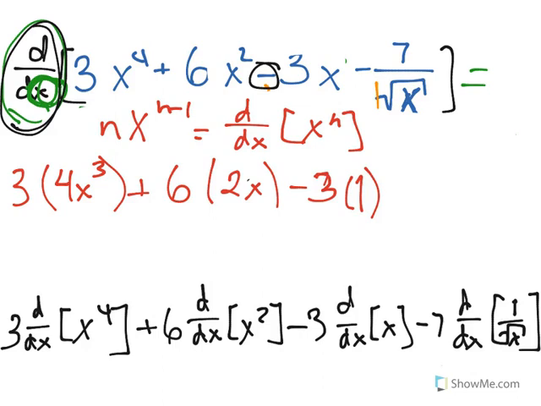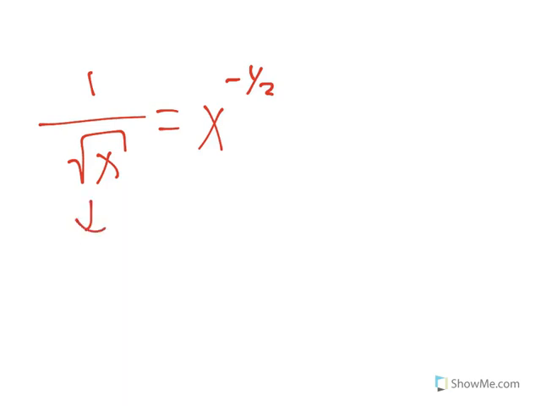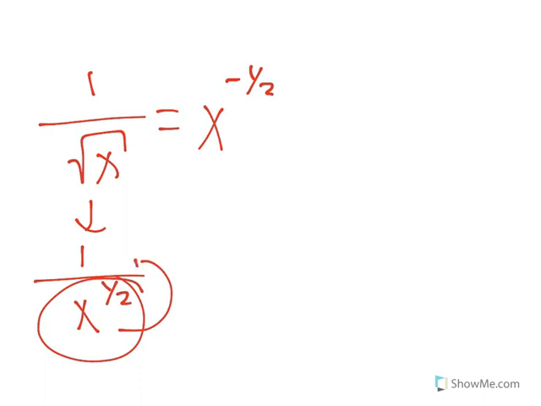And the derivative of 1 over square root of x, I would like to show you that one. 1 over square root of x can be written as x to the negative a half, because this is just 1 over x to the half, and when you have an exponent in the denominator, to bring it up you just have to make it negative.